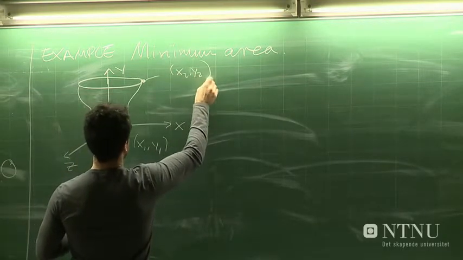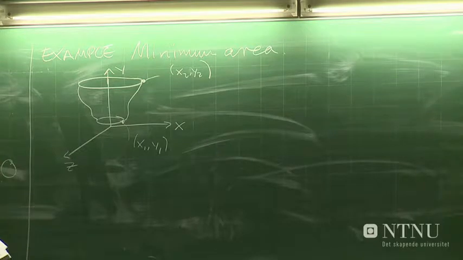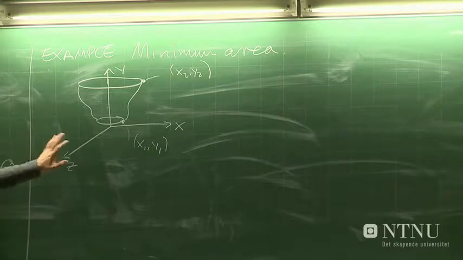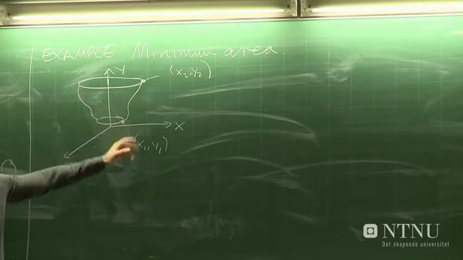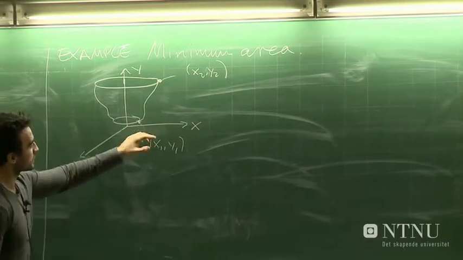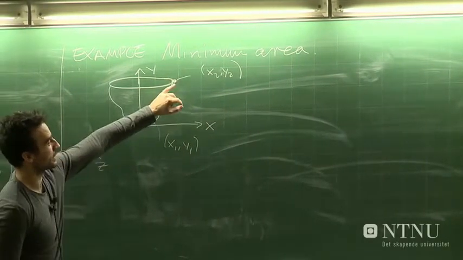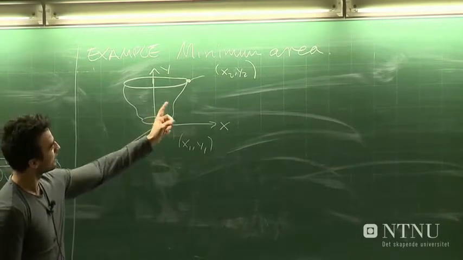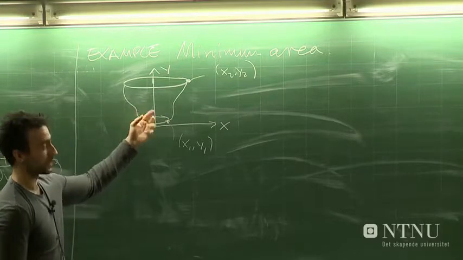And let's say that we can obtain this object by first fixing 2 points in the xy plane, x1, y1, and x2, y2. And then just take the curve between these 2 points and revolve it around the y-axis. So you get this object.